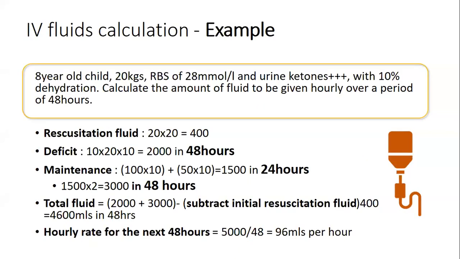Then now we calculate the whole amount of fluid that is needed over 24 hours. So the same child, 8-year-old, 20 kgs, random blood sugar of 28, and urine ketones of 3+ with 10% dehydration. So resuscitation fluid was 20 times 20.